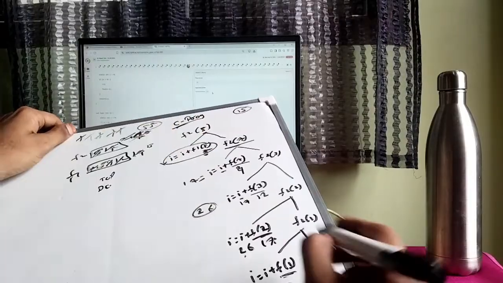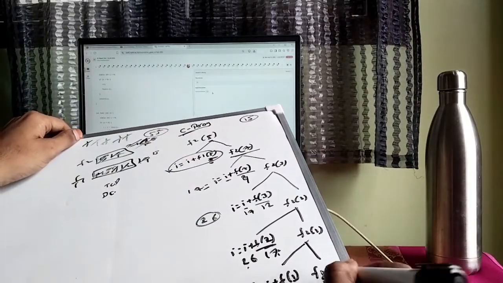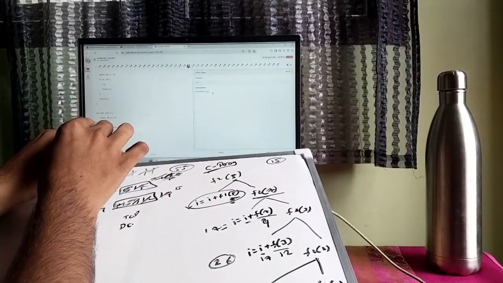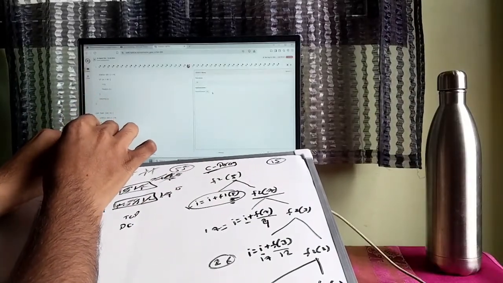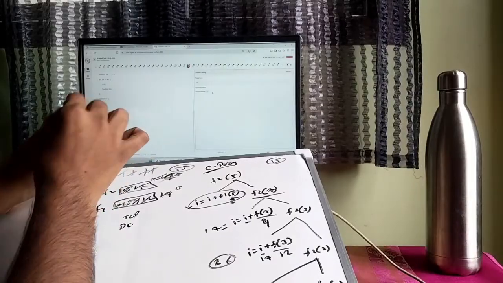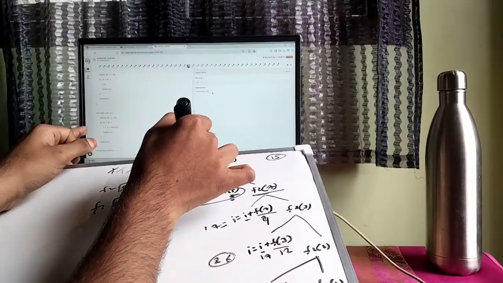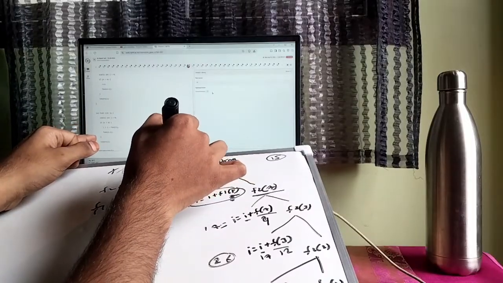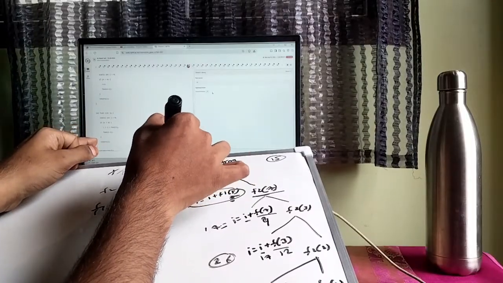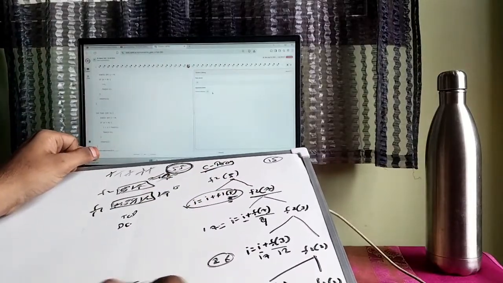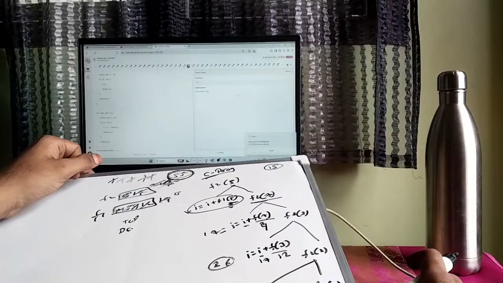After F2, n will become 0. If we encounter 0 here, n is greater than 0 is false, so it will return I from F2. So what is I here? It will be 55 as final. So the answer is 55.